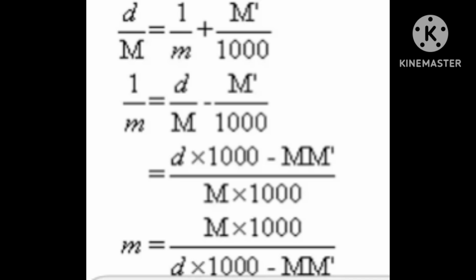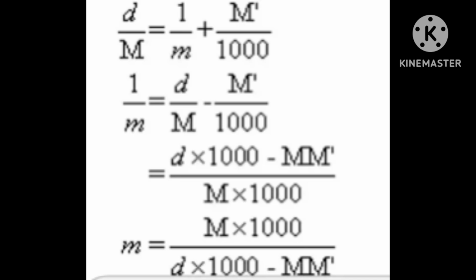If you multiply all and add, you will get 62 gram. 62 gram is the molecular mass.